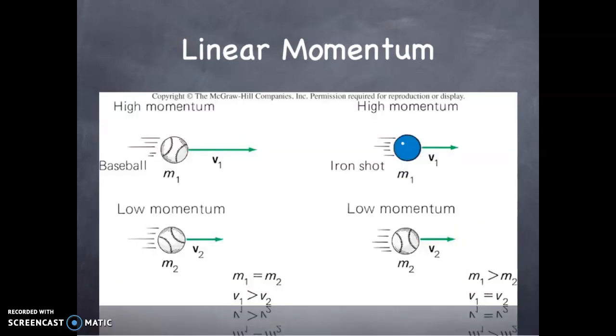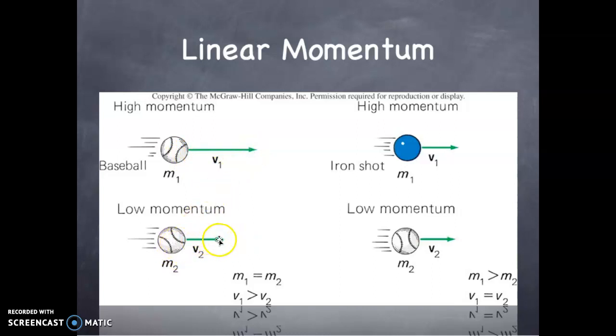Consider the following. On the left, we have a depiction of a baseball at the top and a baseball at the bottom, same mass. I'm sorry, the masses are the same in this case, although we call this one M1 and that one M2. But M1 is moving faster, has a higher velocity, which means it has a speed in a given direction.